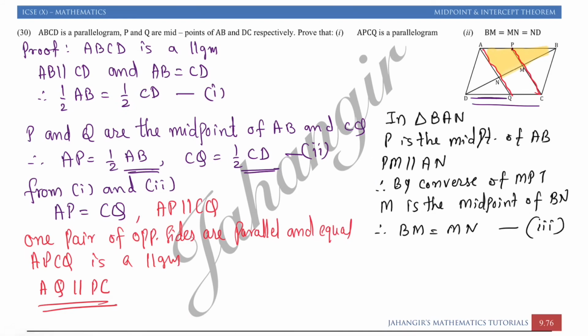Now I need to prove another triangle, so for that I can utilize this space. Now we can use another triangle. We can take this triangle. In this triangle I can say Q is the midpoint. This line is parallel to this line, so therefore N will become the midpoint in triangle DCM.